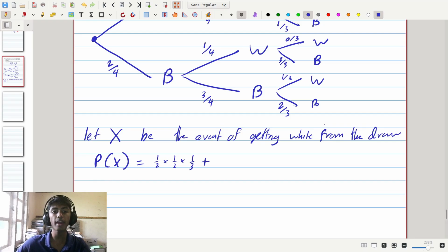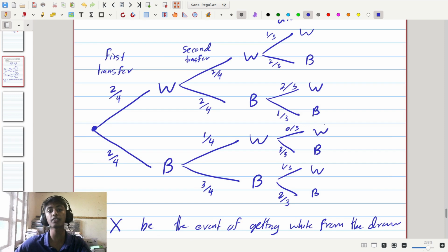And to that we need to add the second probability. For this second white to happen, we need this event and this event. For the first event, we have a 2 over 4 or 1 over 2 chance. For this event, we have a 1 over 2 chance. And for the last event, we have a 2 over 3 chance.